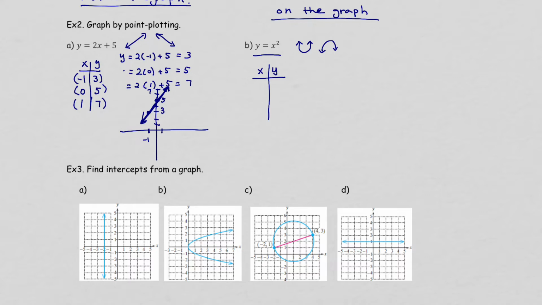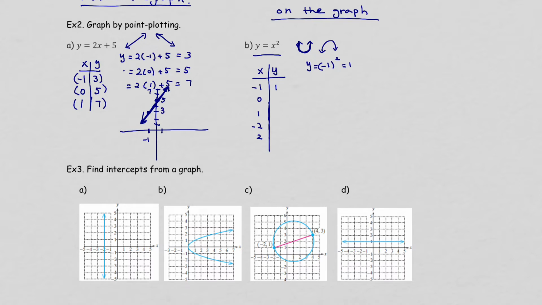Because I wanted to use easy numbers, I will start with, again, -1, 0, and 1. Maybe I will do -2 and +2 also, like I said, so I can see a little bit of curvedness instead of a straight line. So when x is -1, squared, that will be 1.